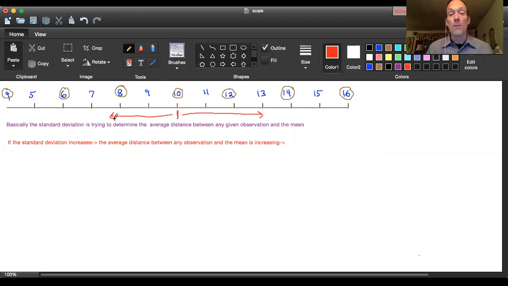If we know that's what happens when the standard deviation increases, then what happens when it goes down? It should be the opposite effect, right?